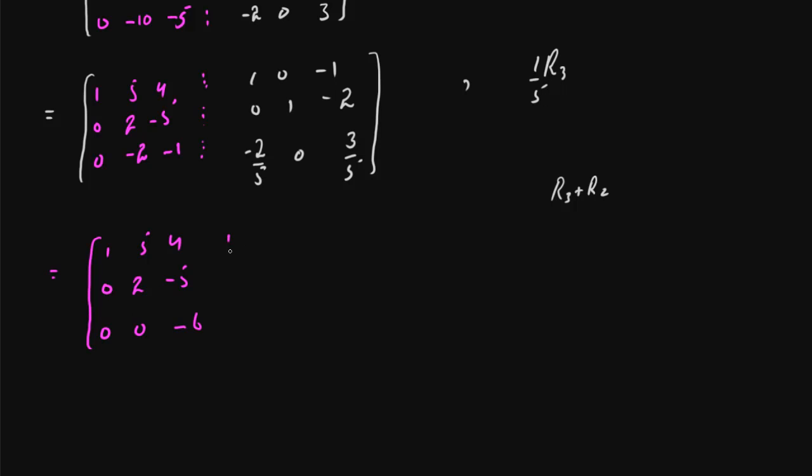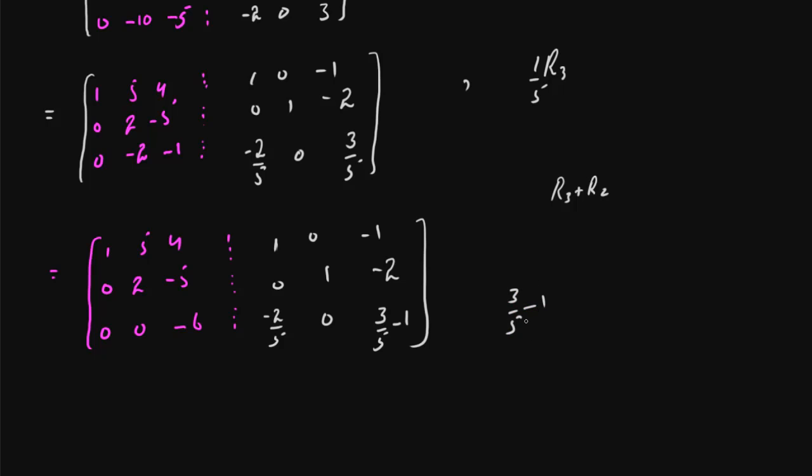We take that one in the identity matrix as well: 1 0 -1, 0 1 -2, and here we add 0 to -1 over 5, sorry, that is 1 over 5, 0 0 will be 0, and 3 over 5 -1, just let me make that 3 over 5 -1.